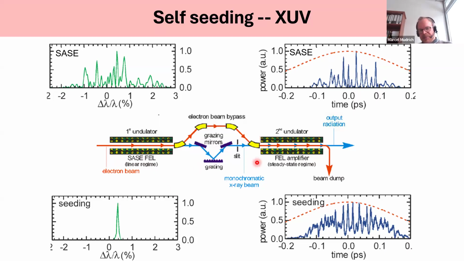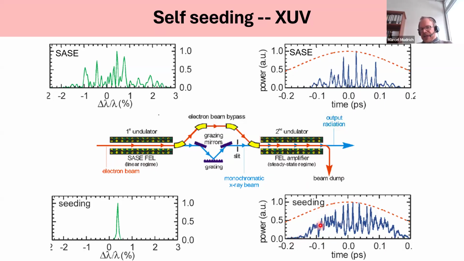At that time, in the beginning, from this one sharp line in the wavelength range, you would actually expect a longer but very smooth time profile just by Fourier transformation, right? It didn't exactly look so nice and smooth. It still has this spiky structure, but this was the beginning of self-seeding and self-seeded lasing.